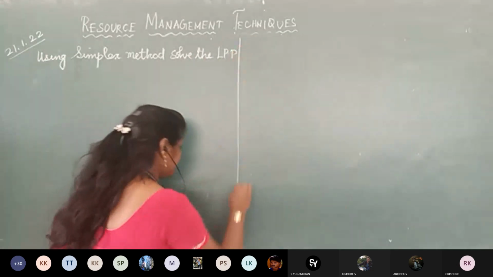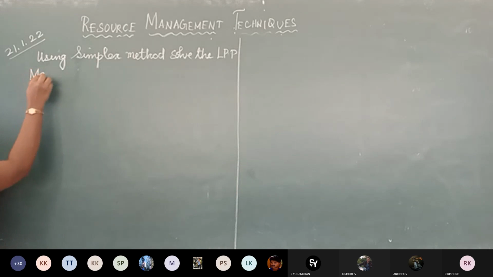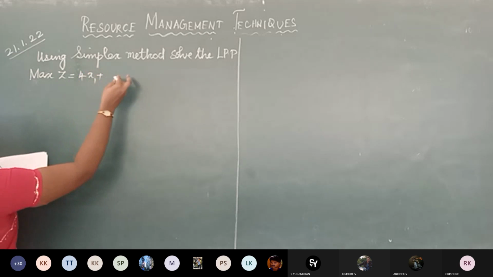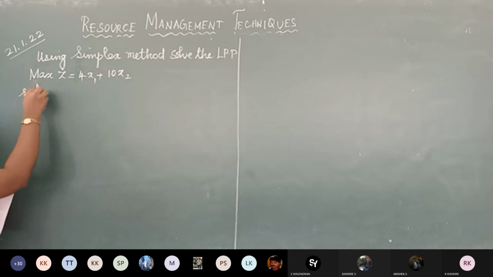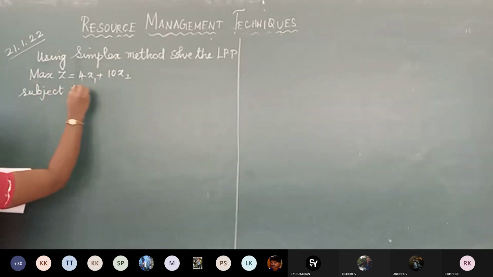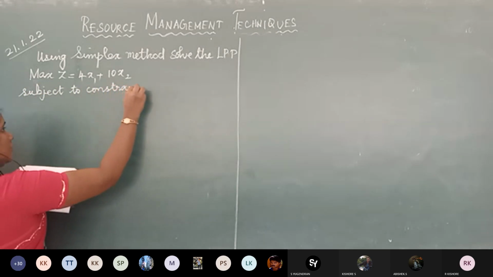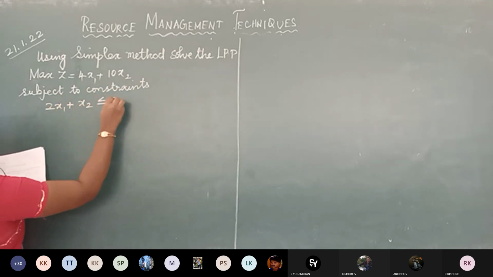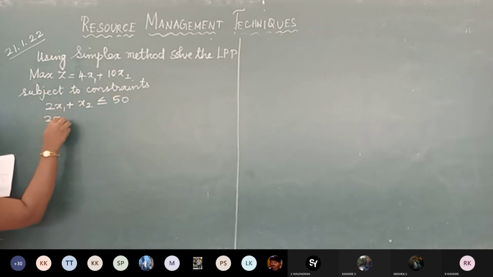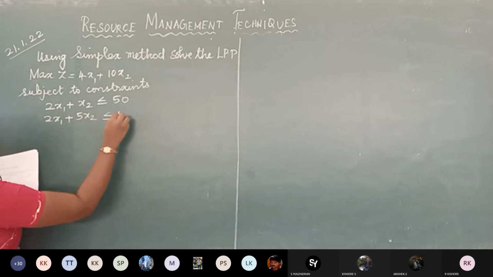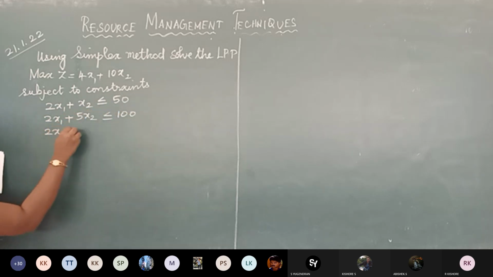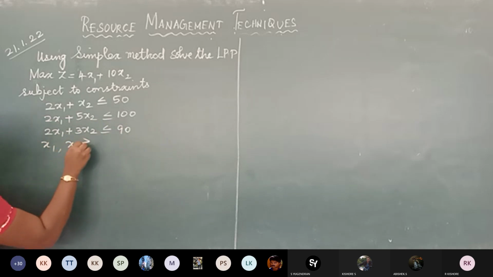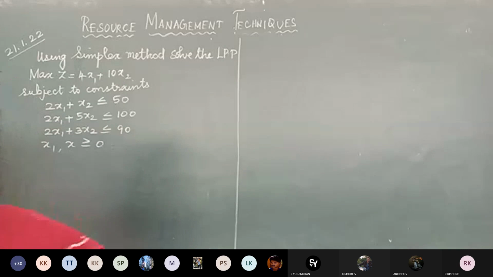Your given question is: maximize Z equals 4x1 plus 10x2, subject to the constraints 2x1 plus x2 less than or equal to 50, 2x1 plus 5x2 less than or equal to 100, 2x1 plus 3x2 less than or equal to 90, where x1 and x2 are greater than or equal to 0.